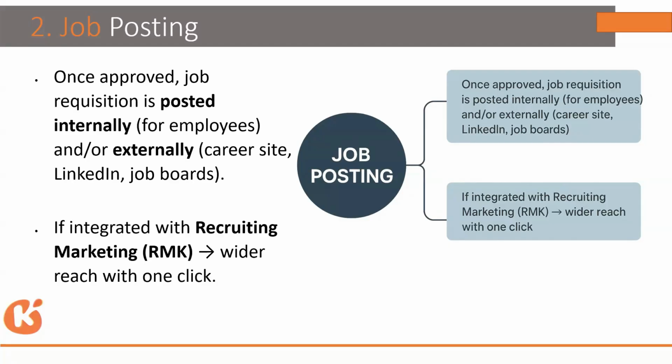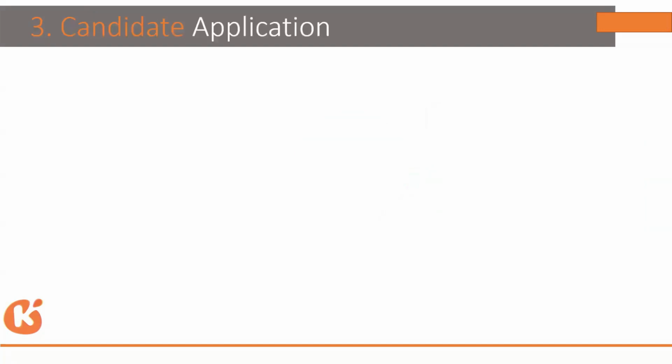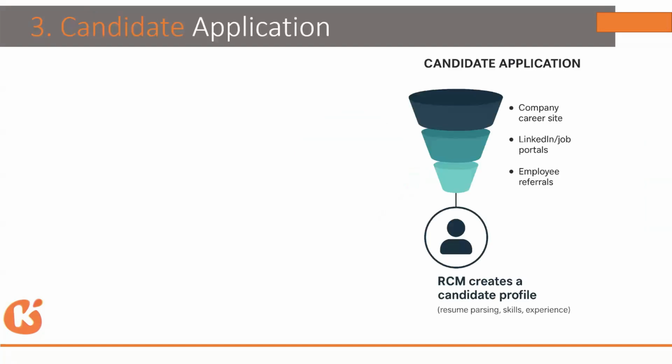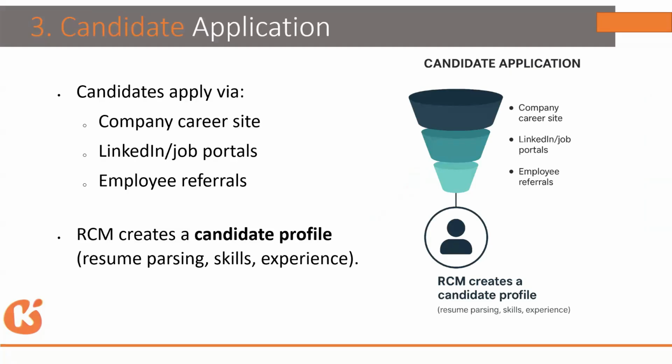So that basically you do, and go ahead and do all your posting. The candidate, it is candidate application. So candidate starts applying for this, and you will see, whether from the internal side or the external side, people start applying, or even sometimes people come to us from referrals also.